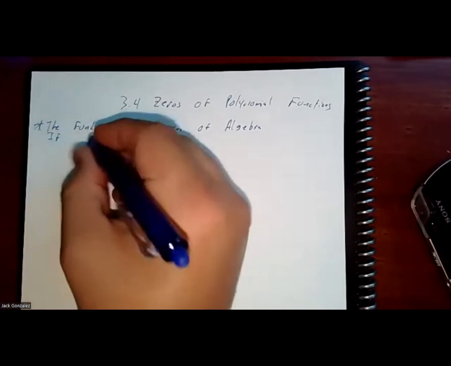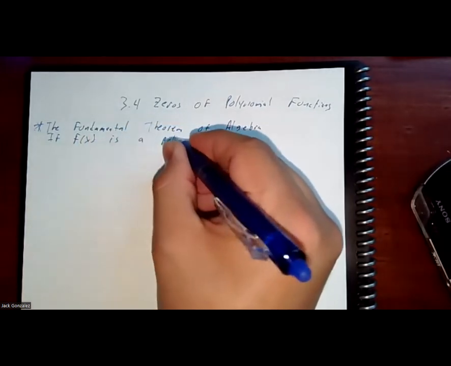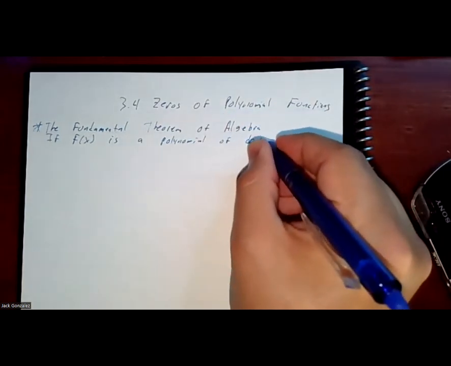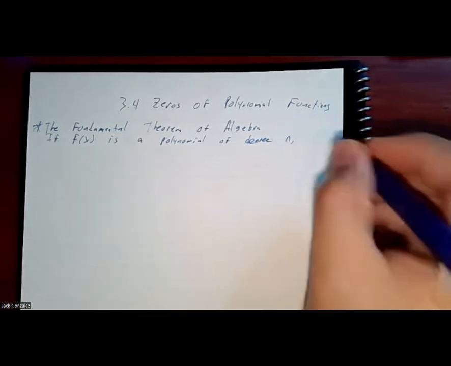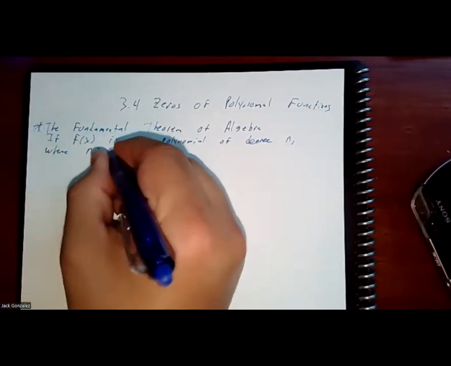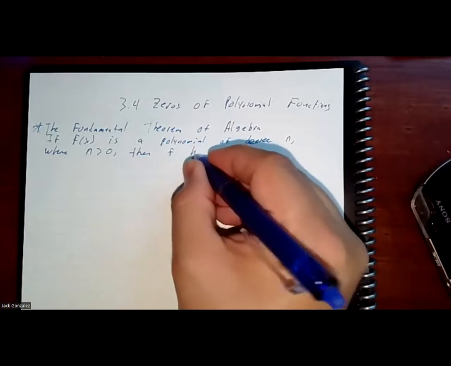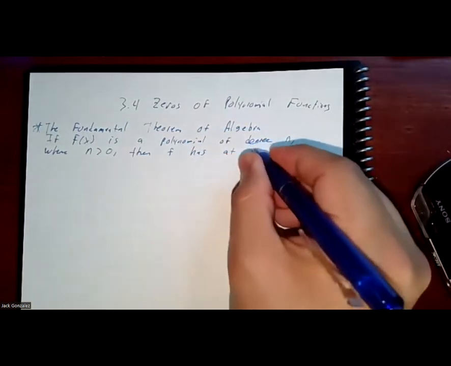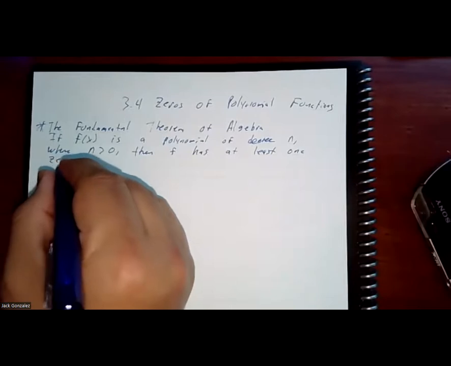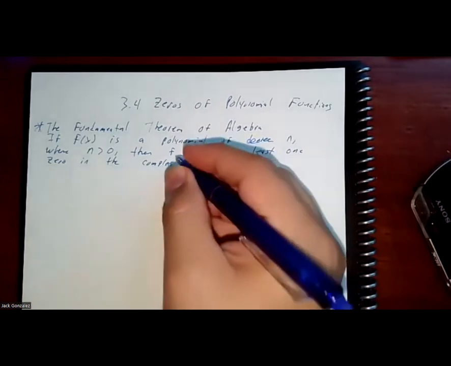So if f of x is a polynomial of degree n, where n is greater than 0, then f has at least one zero in the complex number system.